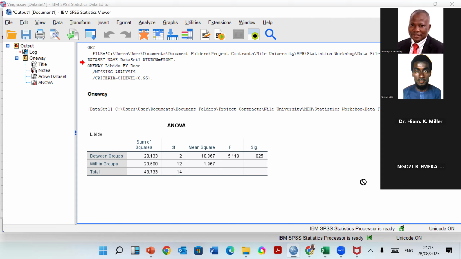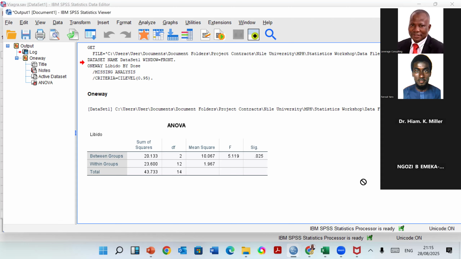Mean square is obtained by dividing the sum of square by the degree of freedom. So 20.133 divided by 2 gives you 10.067. 23.6 divided by 12 gives you 1.967. 43.733 divided by 14, this one we don't need. That's why.